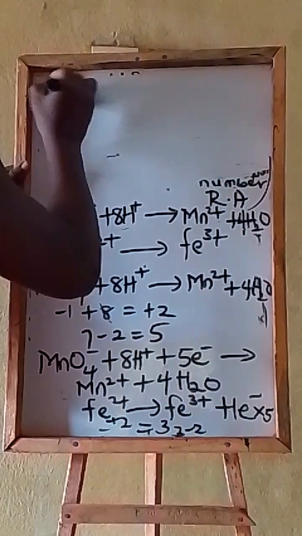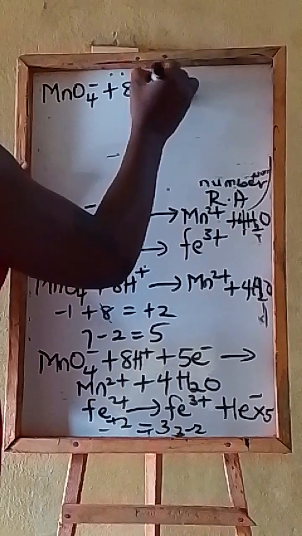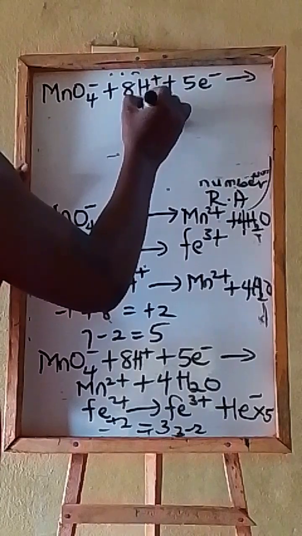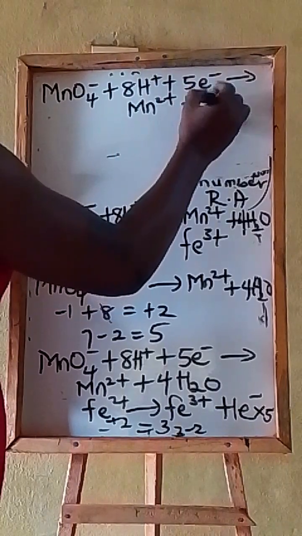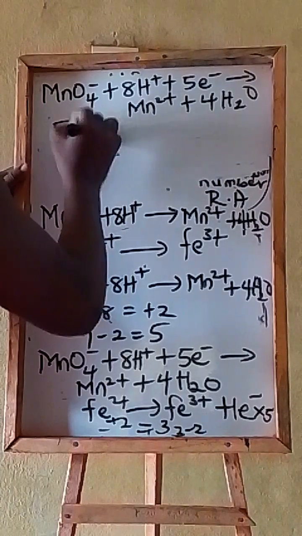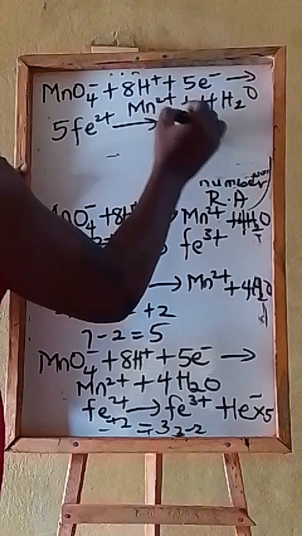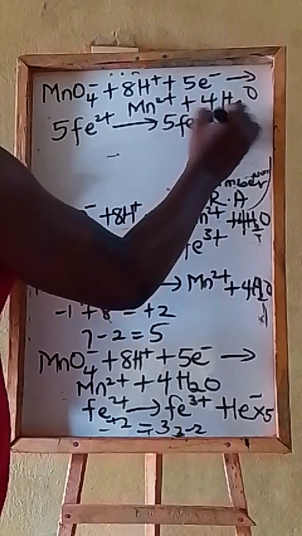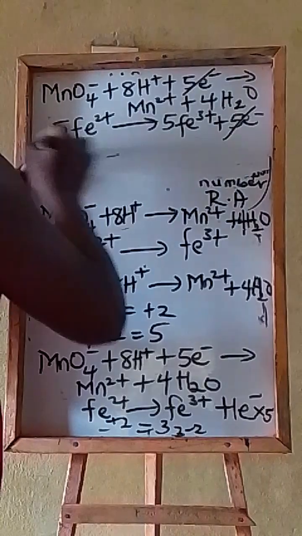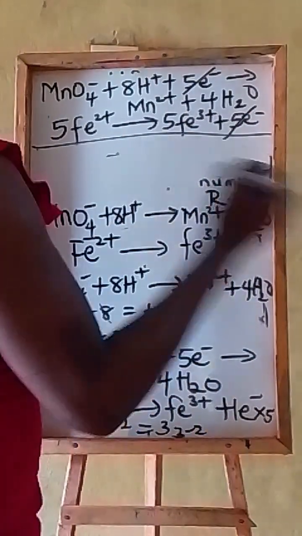So we have MnO4- plus 8H+ plus 5e- to give us Mn2+ and 4H2O. So we have 5Fe2+ to give us 5Fe3+ plus 5e-. So this cancels this. They must be at two opposite ends.